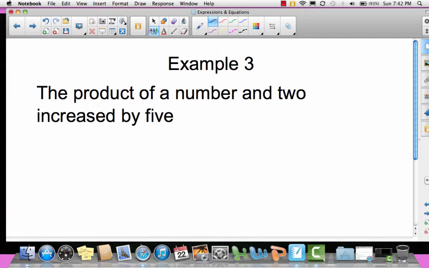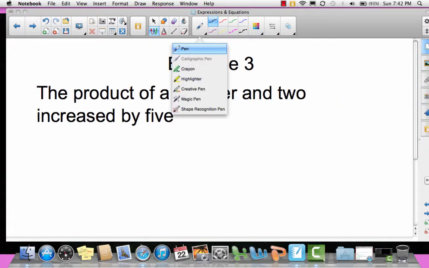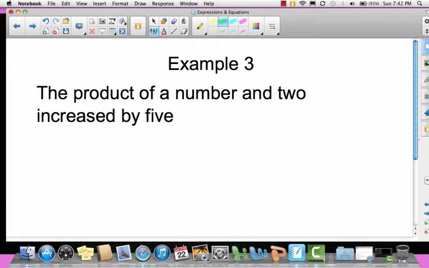On to our next example. I'm going to get my highlighter back here. And this one's going to be a bit of a larger expression because there's more than one operation going on. I have the word product, which we know to mean multiplication, and I also have the word increase by. So not only am I going to have multiplication, but I'm also going to have addition in this expression. So I'll get my pen back, and the product of a number and 2. So I know that a number is going to become x.